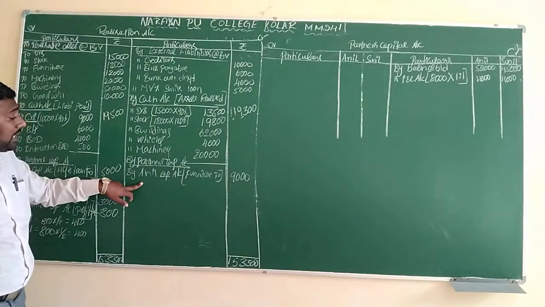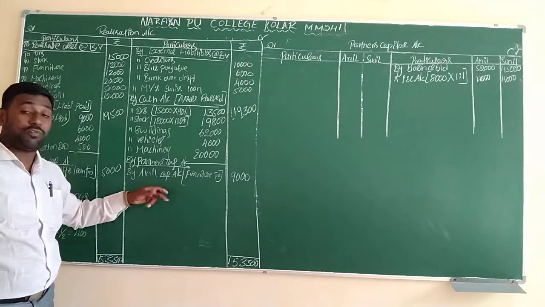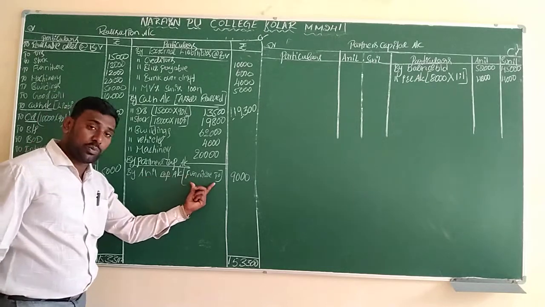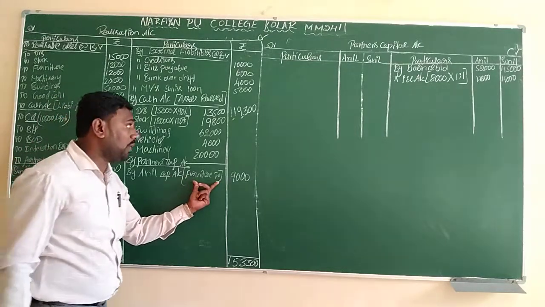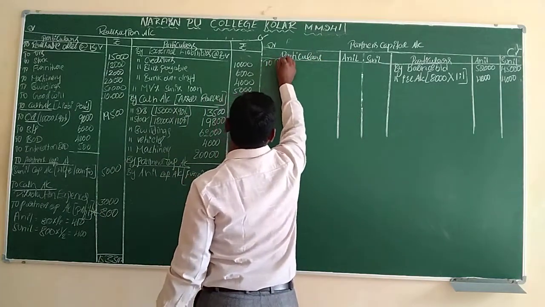In which account will we get this value? Realization account. What is that value? By Anil's capital account. For whom do we have to transfer? For Anil. Why? Because the furniture is taken over. So the credited value will be transferred to the debit side. We will write to realization account.